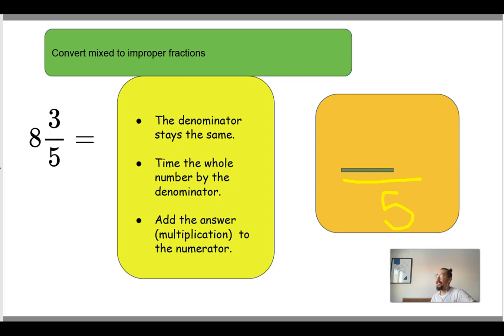So 8 times 5 is 40 in the calculator, right? And then I add 3, which is 43. Okay, that's it. That is pretty much it.